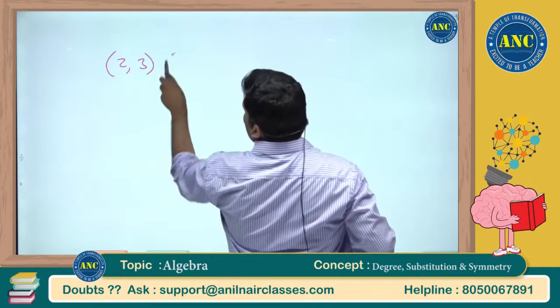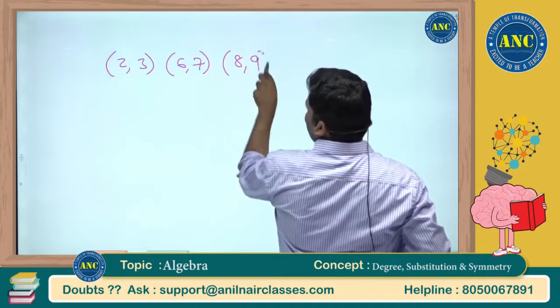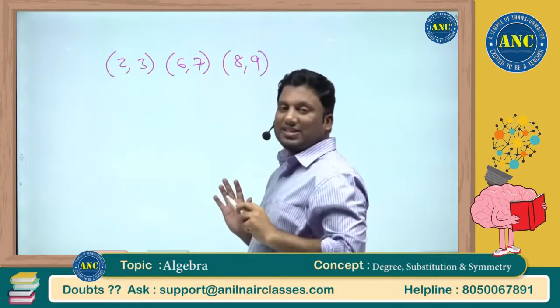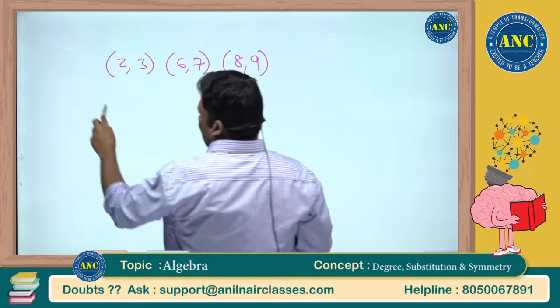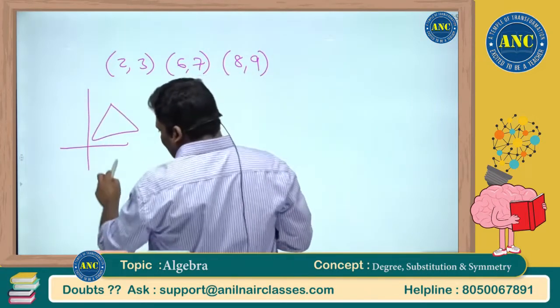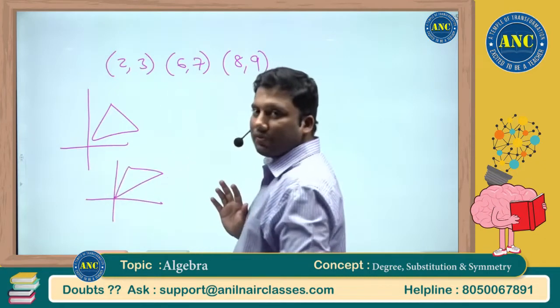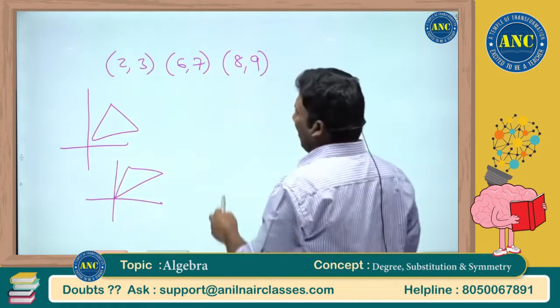Area of the triangle with points 2, 3, 6, 7, 8, 9. If the figure is like this, I just shifted this figure to reduce my calculation time.